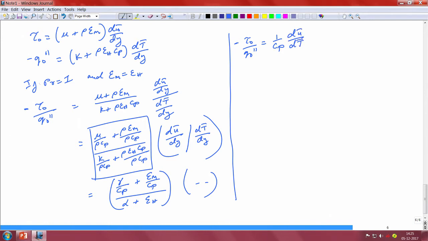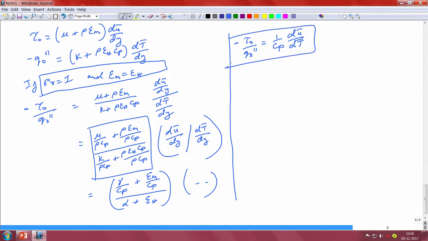So, in other words, as you can see over here, Prandtl number is equal to 1 and epsilon m is equal to epsilon h, right. Based on those assumptions you get this as your final form. Now, if you integrate this, integrate from the wall, which is basically u bar equal to 0, t bar is equal to t naught, to u bar equal to u infinity, t bar equal to t infinity.